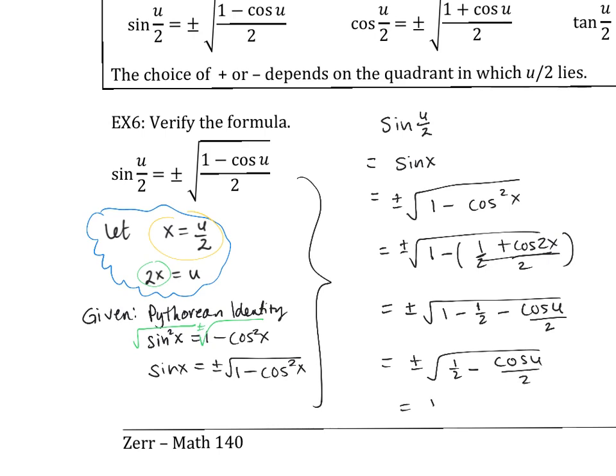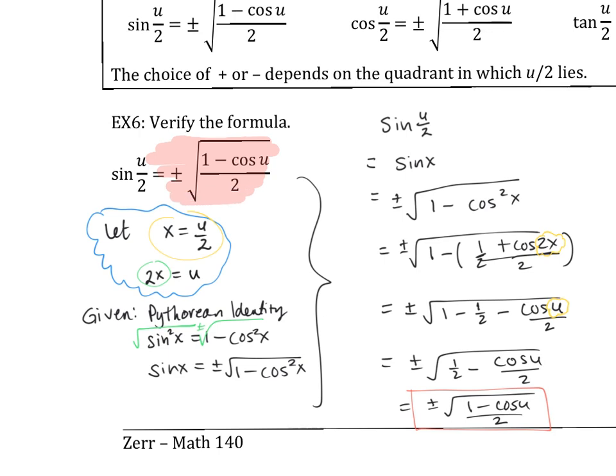And then we can combine those fractions: 1 minus cosine of u all over 2. And so that just verified the half angle formula, right? Because that was what I was trying to show that sine x was equivalent to.